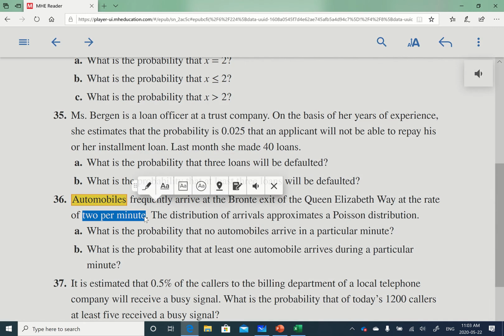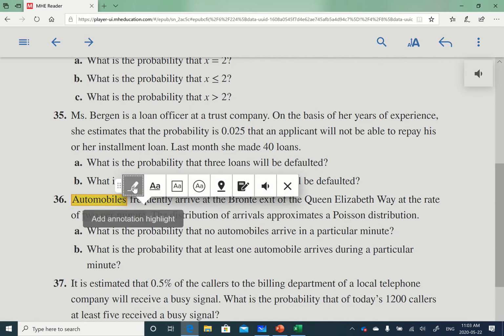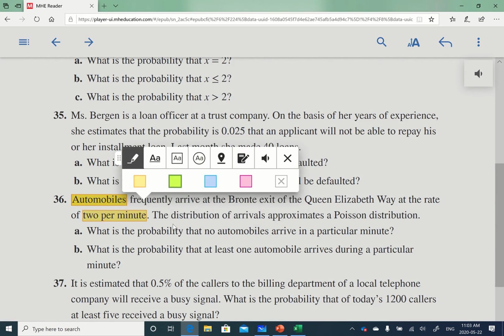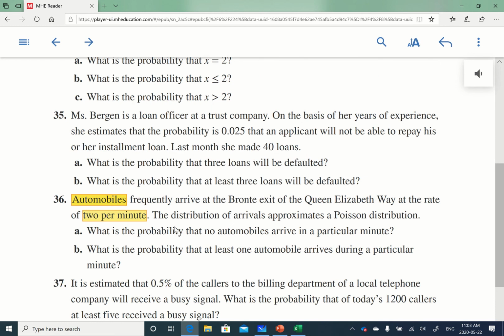That's the information they already know from a previous study. So the rate of occurrence of automobiles arriving at this exit is 2 automobiles per minute. And the distribution of arrivals approximates a Poisson distribution.